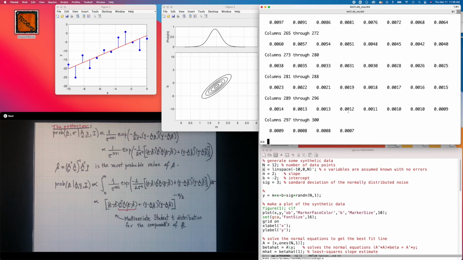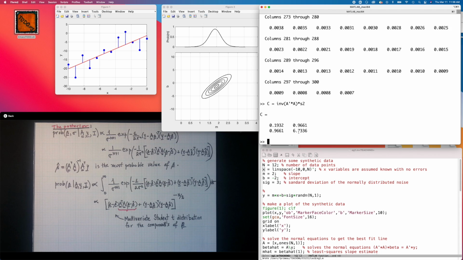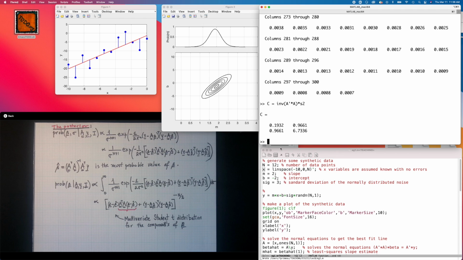And if your intercept is too low, then your slope will have to be too low to go through the data. And if we look at C, the estimate of C, then you see that you have very strong correlations. These off-diagonal elements are the covariances between the slope and the intercept, and they're very big. They're close to 1 in this case. All right, now that really does end this lecture.